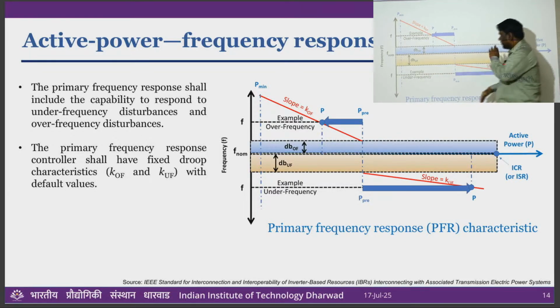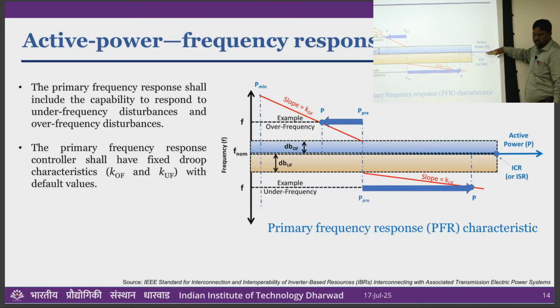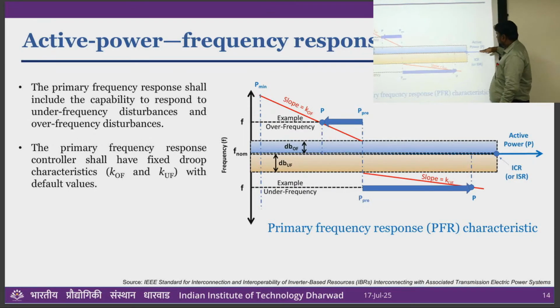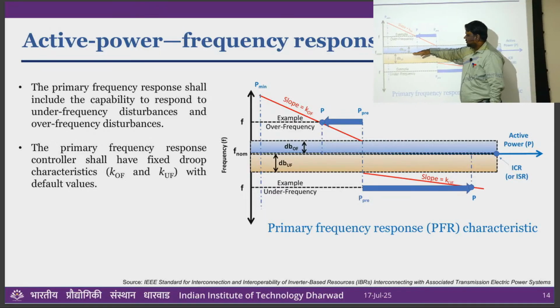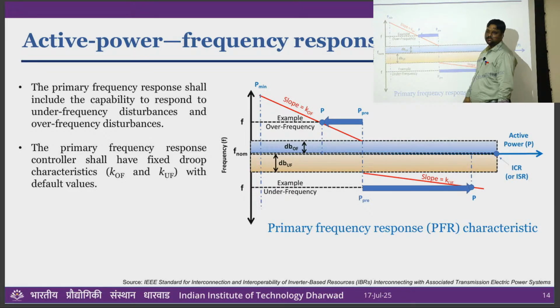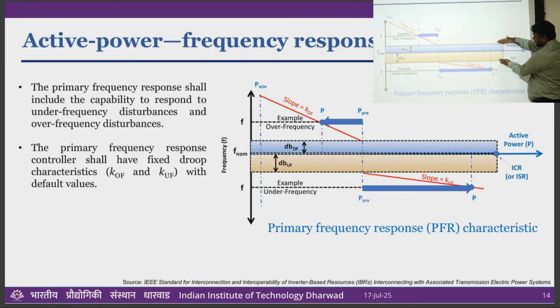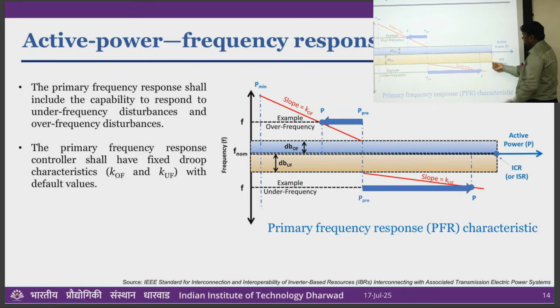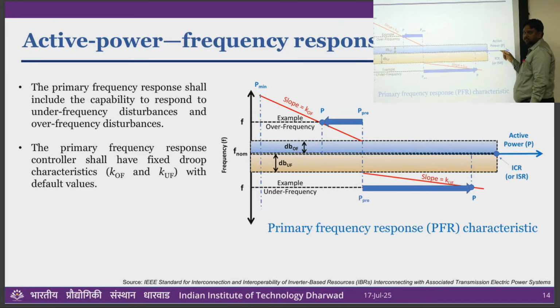And this line is 50 Hertz for India; for Australia and US it is 60 Hertz. Okay. Now, with respect to this line, this upper side is the over frequency region, 50 plus or 60 plus, and the lower side is the under frequency region, right? But they are telling there is a dead band between the under frequency and over frequency. That deadband also the grid utility people will tell you.